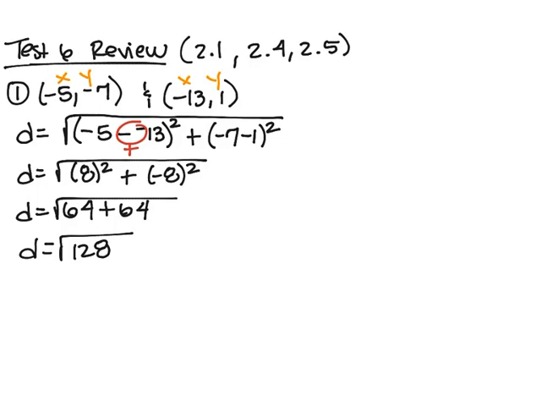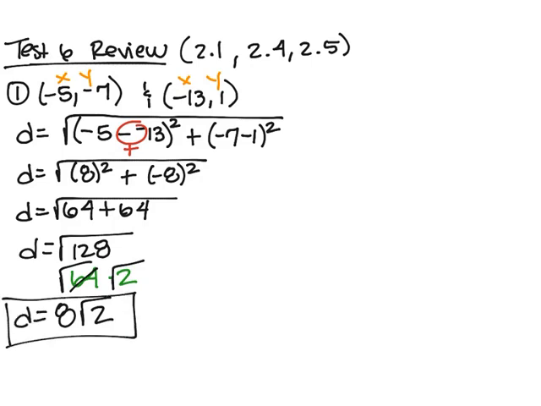You need to be able to break down all square roots. The biggest perfect number in 128 is 64, and that would be 64 times 2. So when we take the square root of 64, that gives us 8 on the outside. Square root of 2 stays. So our distance is 8 square root of 2.